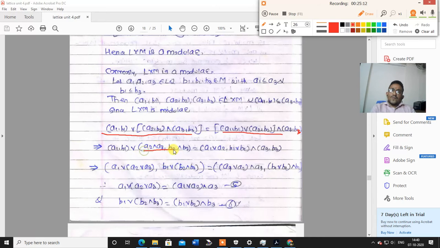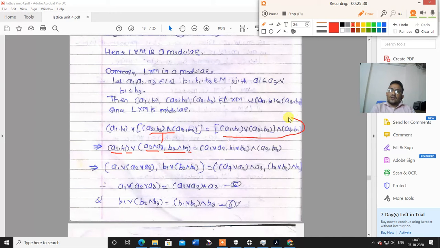And this gives, by taking the meet in the ordered pair, we claim that we get (a1, b1) join (a2 meet a3, b2 meet b3).